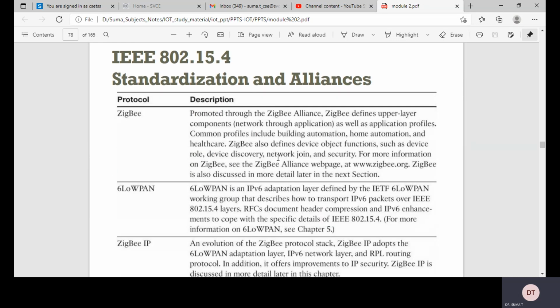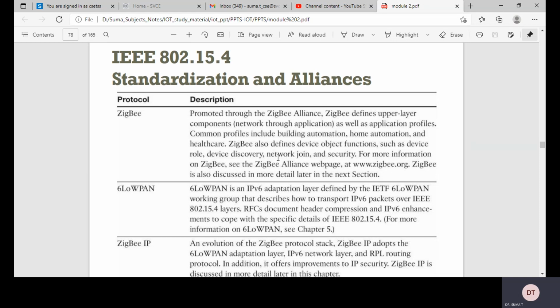Next is 6LoWPAN, the IPv6 over low power wireless personal area network adaptation layer defined by the IETF. As I told you, the IETF is responsible for IoT and all its connecting networks.